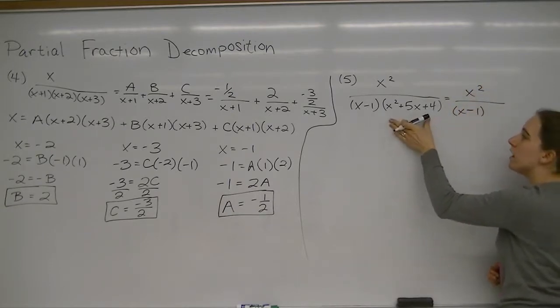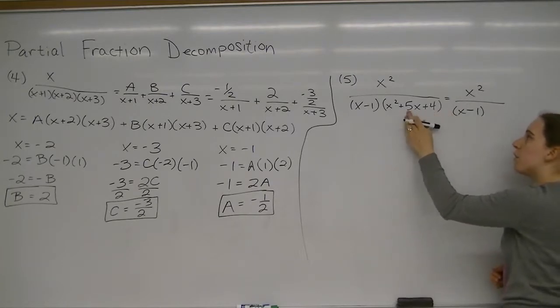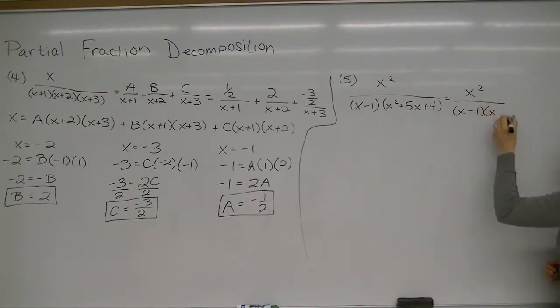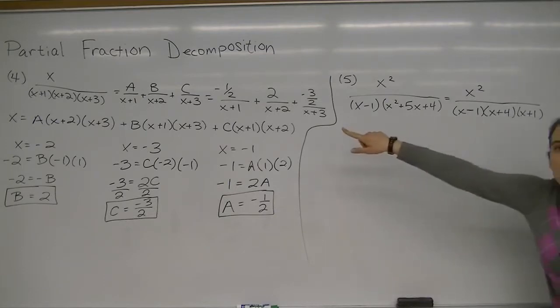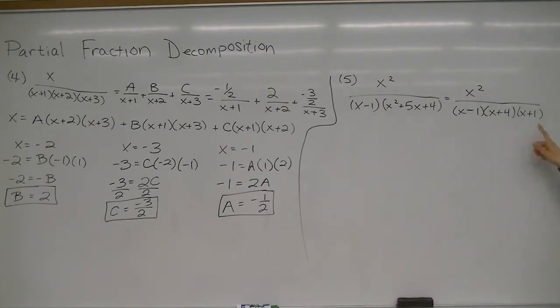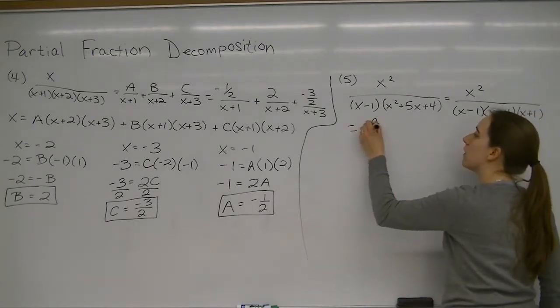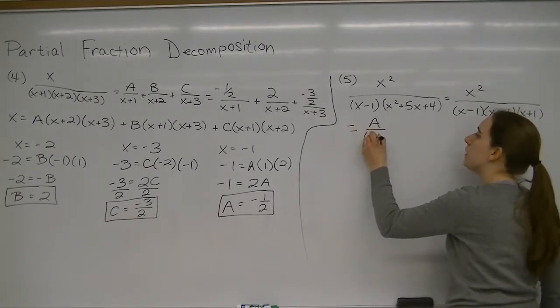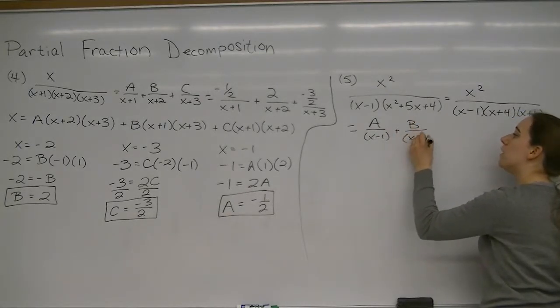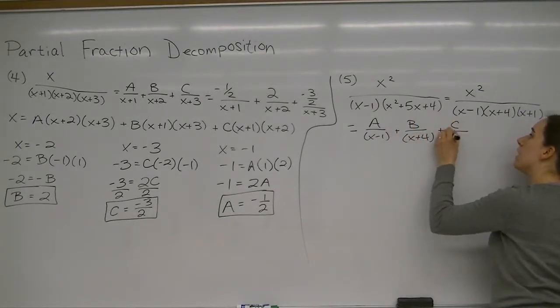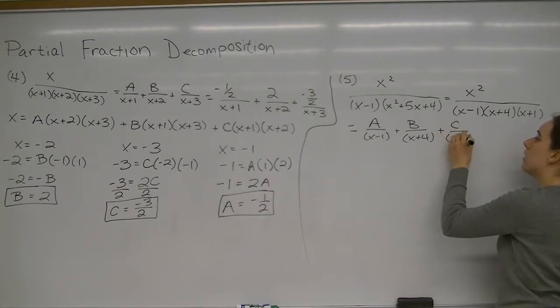And if I look at this, I need 2 numbers that multiply to 4 and add to 5. Well, that should be x plus 4 and x plus 1 for factors. So now we have the exact same situation we did over there. 3 linear factors. So I want to propose that I can write this as a over the first one plus b over the second one plus c over the third one.